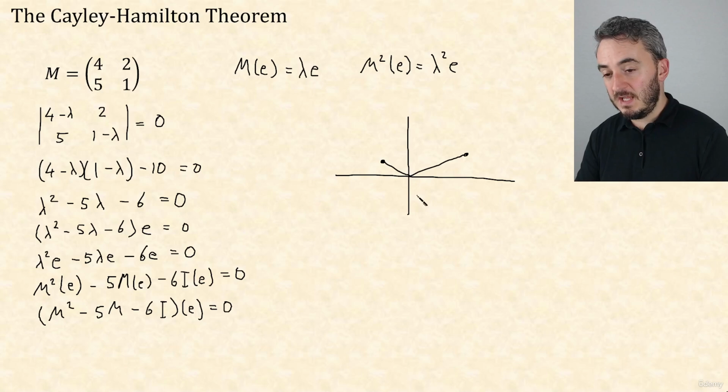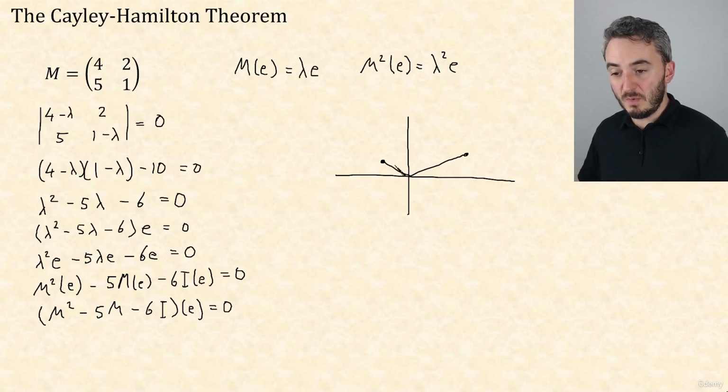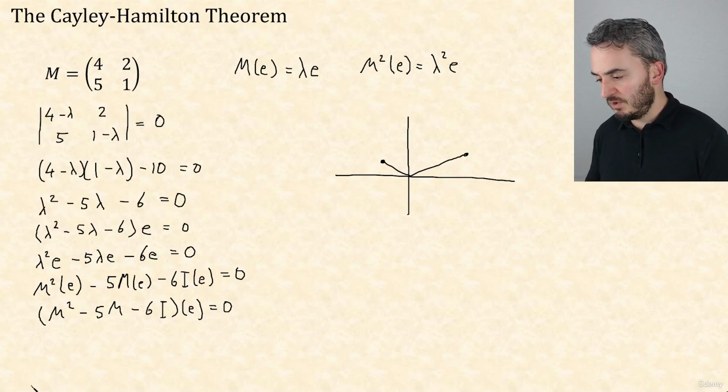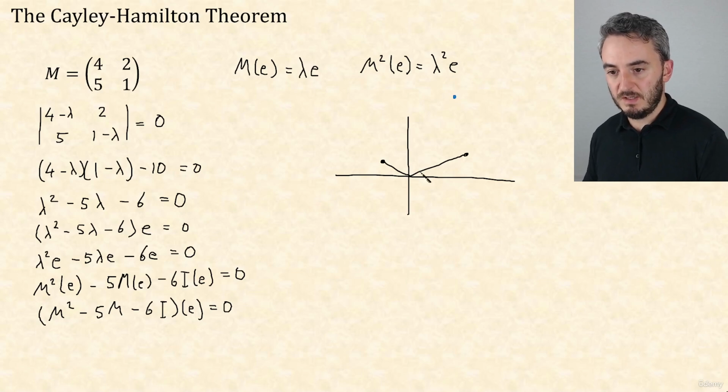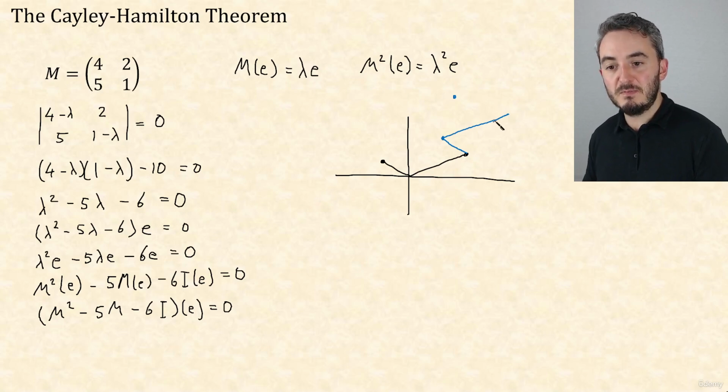The reason for that is if you pick any point in 2D space, you can get there using some combination of these two vectors. Because the vectors are not pointing in the same direction, there is some way to combine these to get anywhere. Just as a little example of that, how do we get here, for instance? Well, you could do this one, and then this one, and then maybe this one again, and then maybe only about 2/3 of that one, and then maybe one of those, and then a little bit more of those.